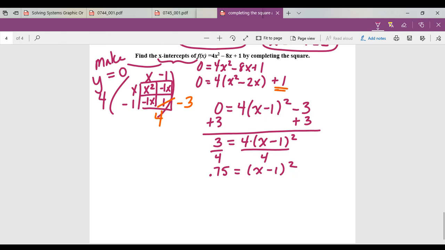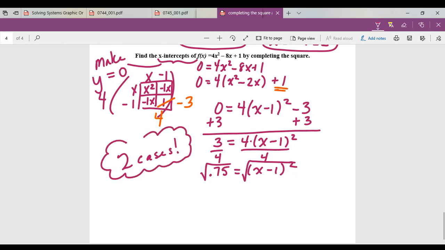What's our next step? Yeah, so we have to undo that exponent. So this is when we do our square root, and this is when we come up with our 2 cases. So we're going to have the positive square root and the negative square root, just like the quadratic formula. So x minus 1 equals, and then x minus 1 equals, and we're going to figure out what the square root of 0.75 is. We have to do one positive version and one negative version.